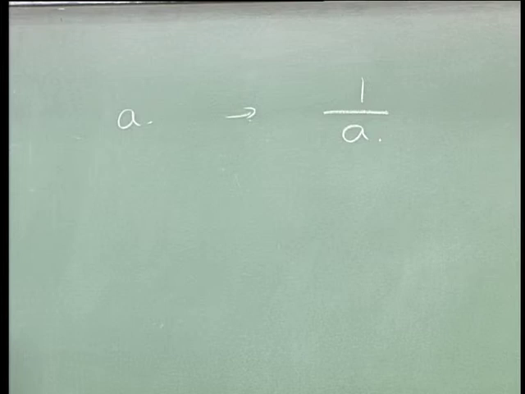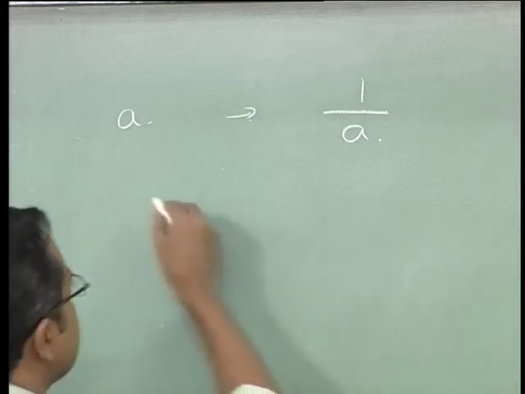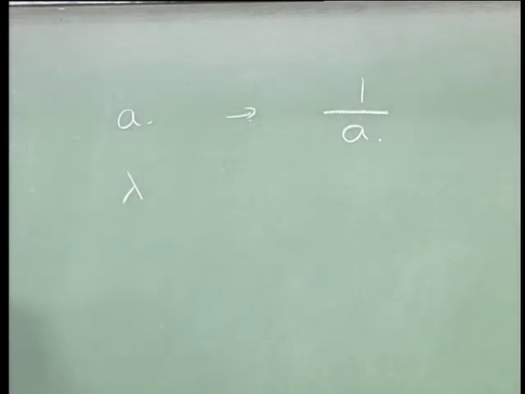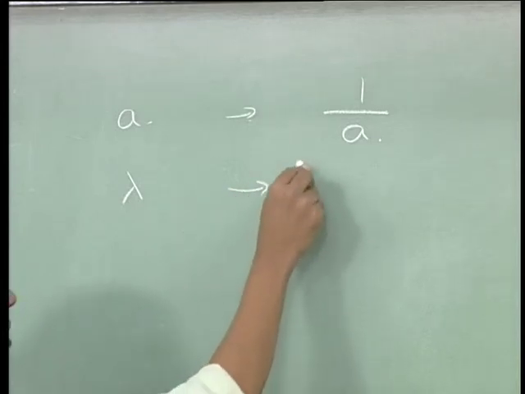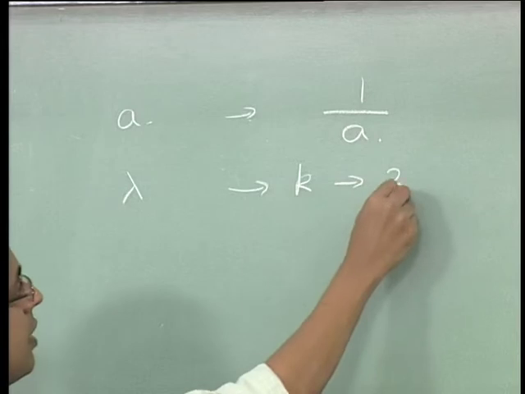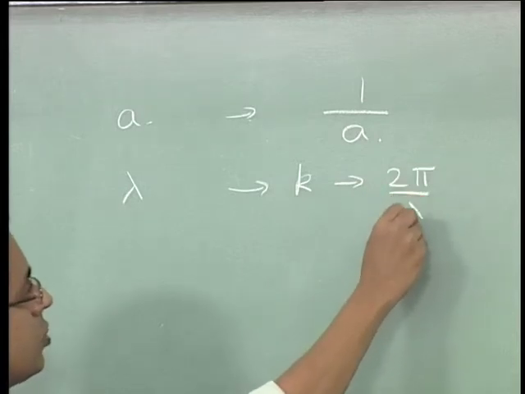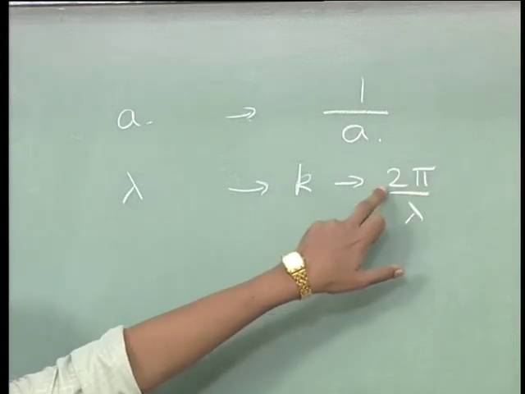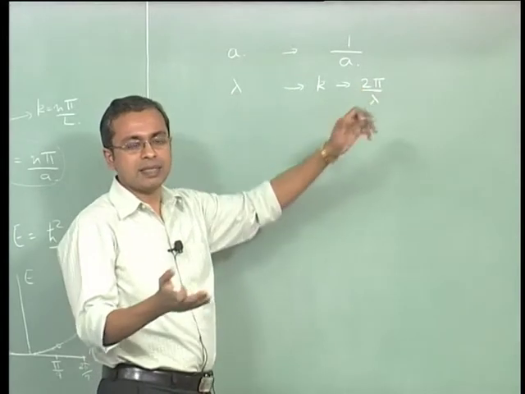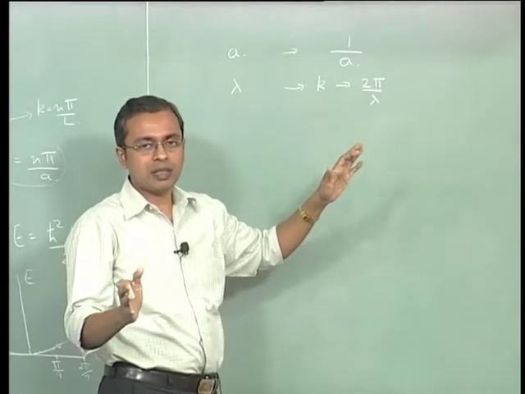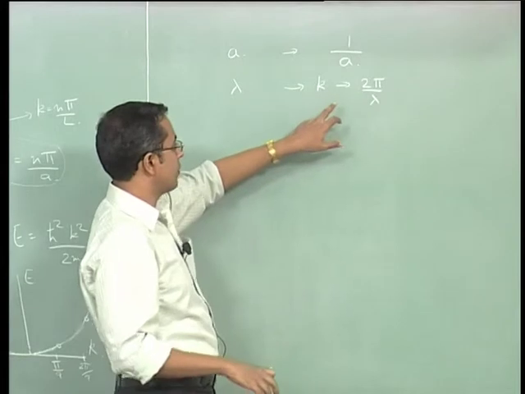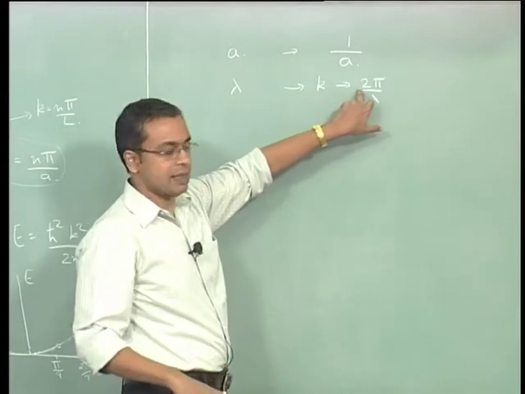Normally, when the wavelength is lambda, we have been representing it as k, which is 2 pi by lambda. So we have got a multiplication factor here, it is simply a constant. A constant is simply a scaling factor, so it is not something that is affecting the phenomenon in any significant way.